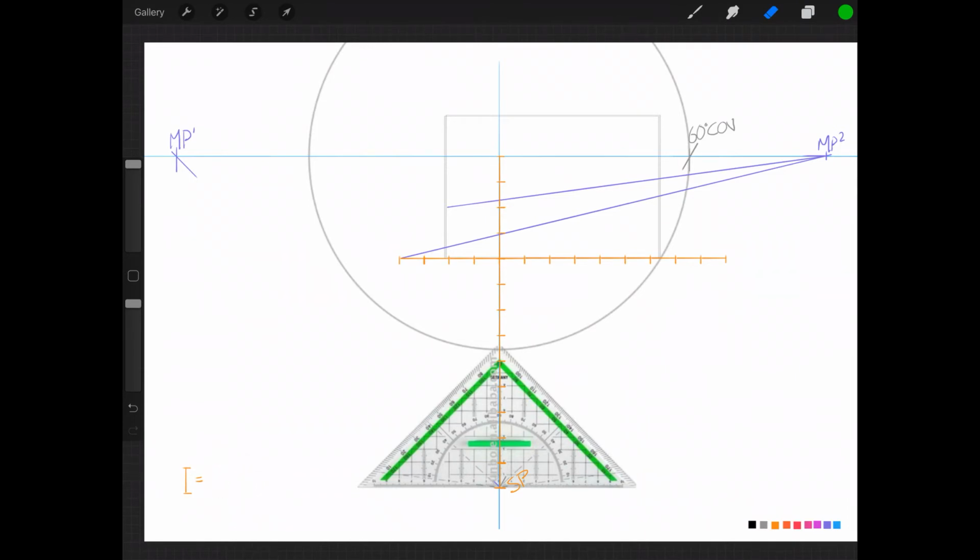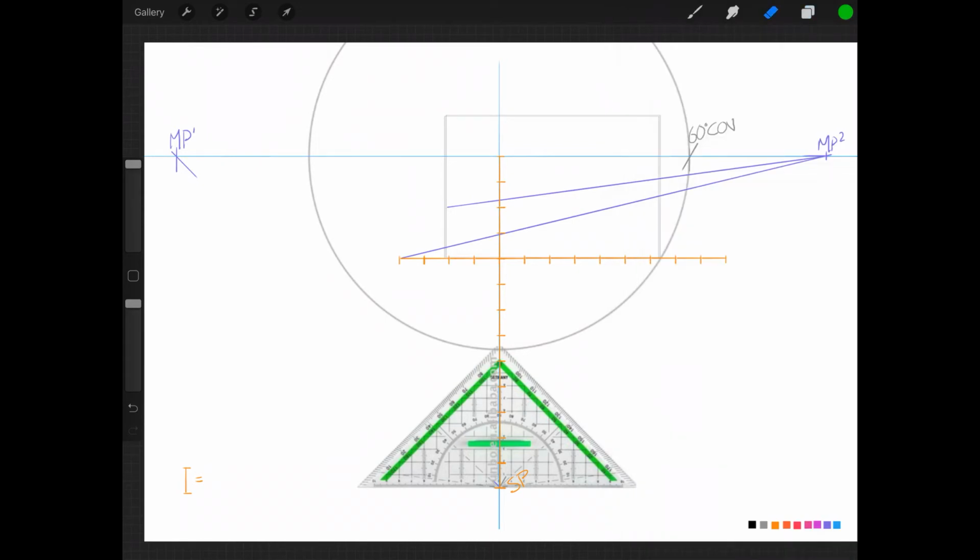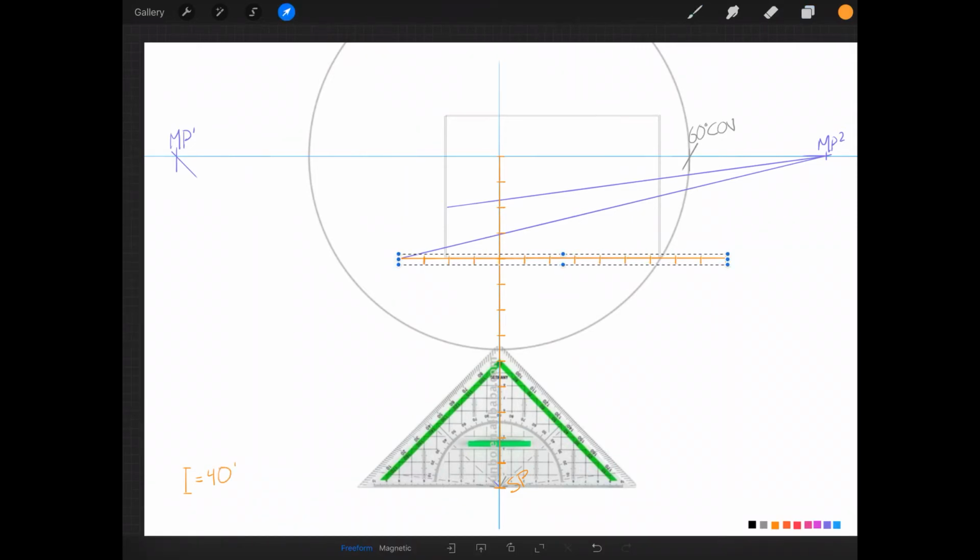Instead of it being 4 feet, those are going to be 40 feet units. That is all we're changing, that and the cone of vision, and then we're going to fit the picture plane or the portal inside this new cone of vision.